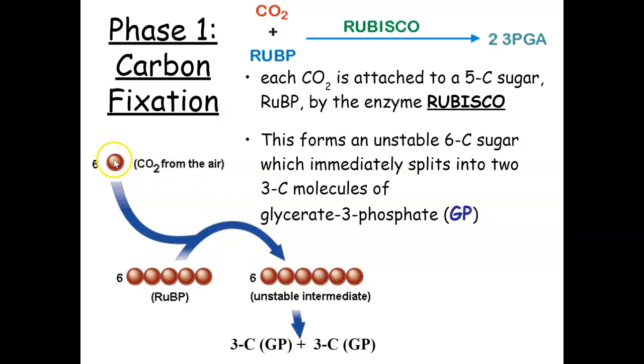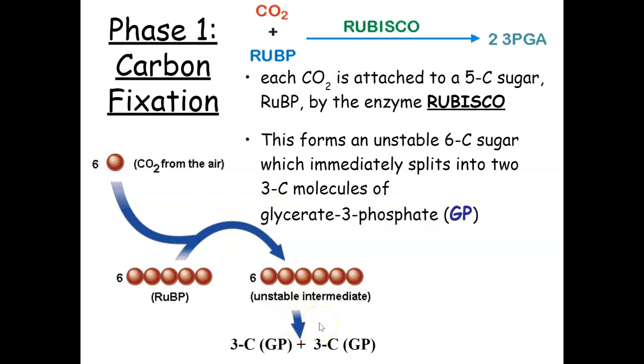So carbon dioxide is taken in by the plant stomata, attached to our 5-carbon sugar, RUBP, and we will first form this 6-carbon molecule using the enzyme Rubisco. This molecule is very unstable, and it will immediately split into 2 3-carbon molecules.